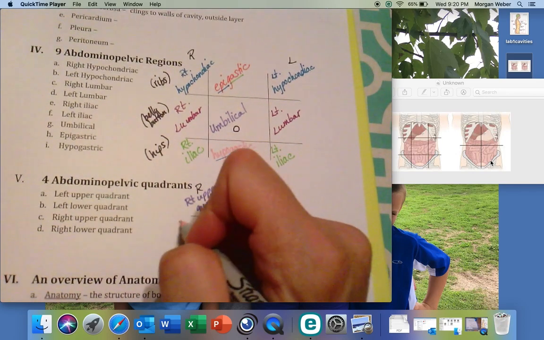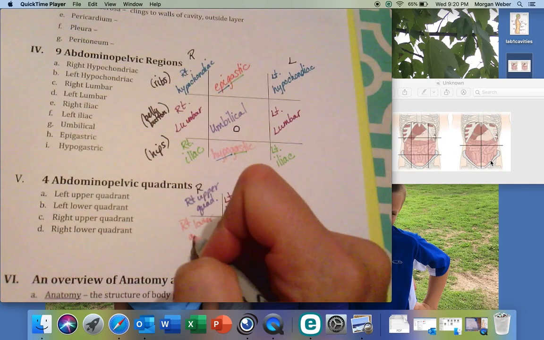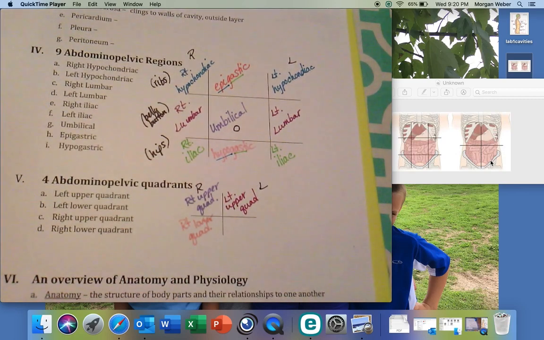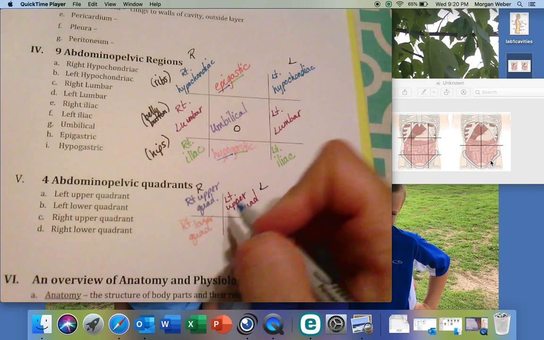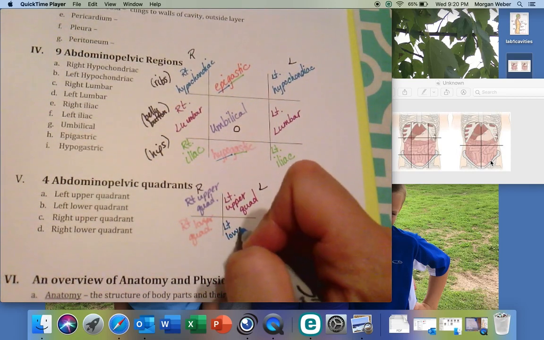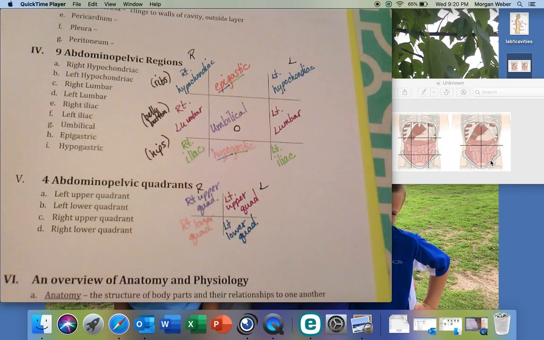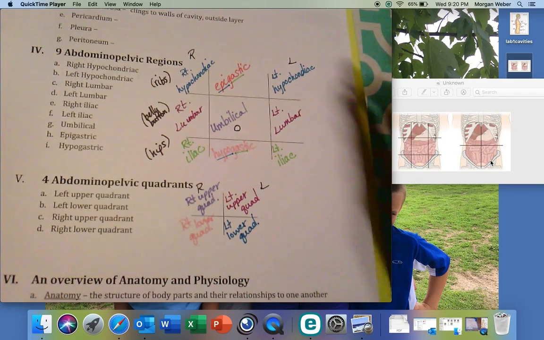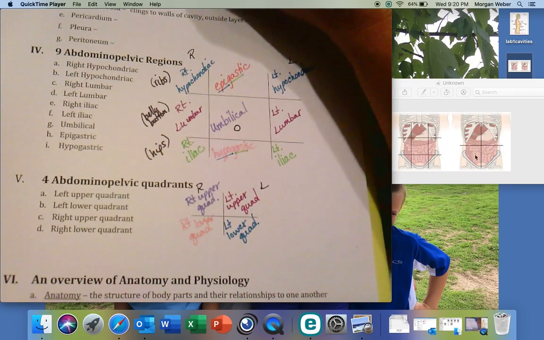Then we have right lower quadrant. And then the last one would be left lower quadrant. Now at this time, I am not going to make you tell me what organs are in each quadrant, but that's something that you're going to have to start figuring out as we start to go through stuff.